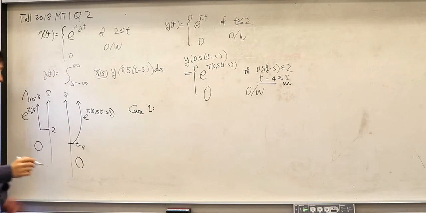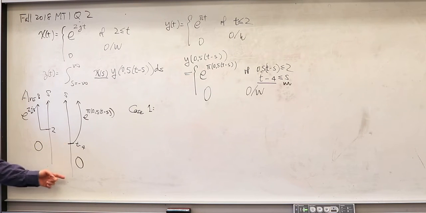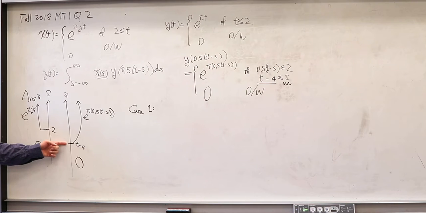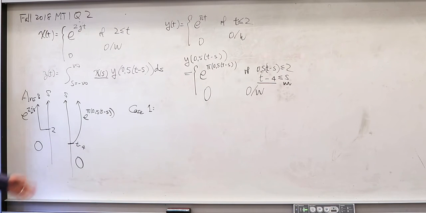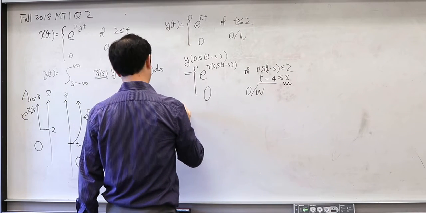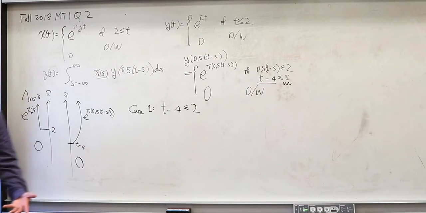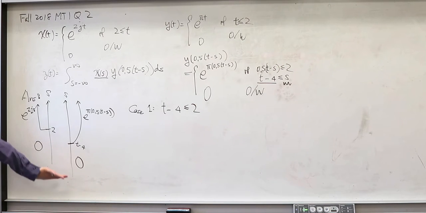The range for different t is going to move up and down. The first case is when t minus 4 is less than or equal to 2. You can do greater as well, but I always start from small. I start from the bottom and move up to the top.